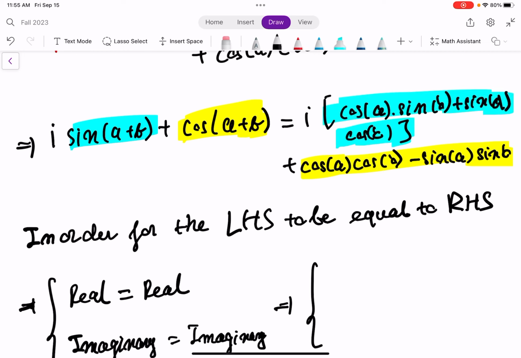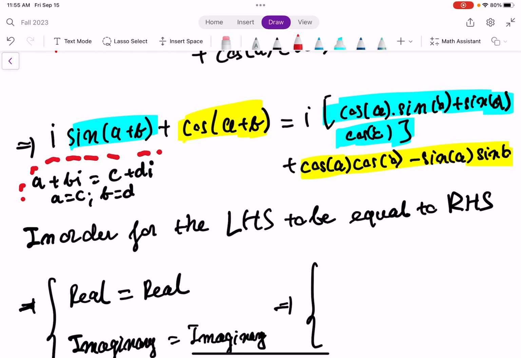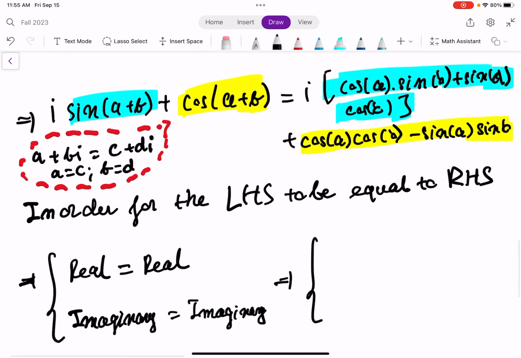Because if you recall, a plus bi equals c plus di means a equals c and b equals d. So a and c are the real components, and b and d are the imaginary components.